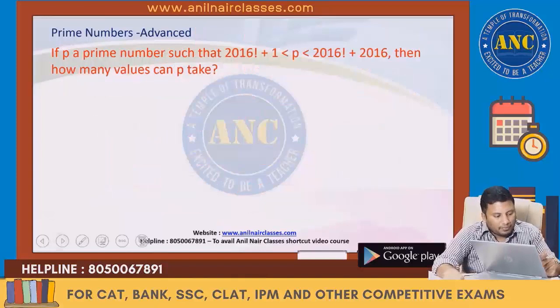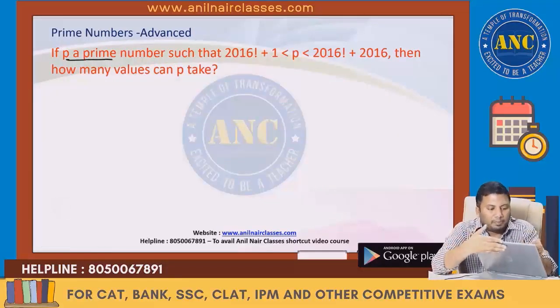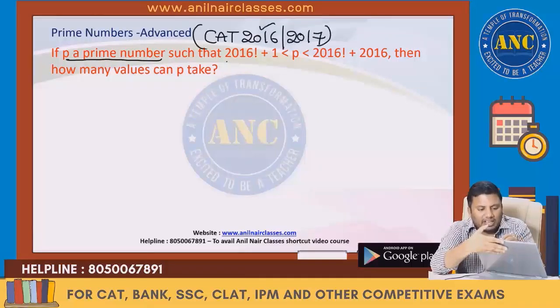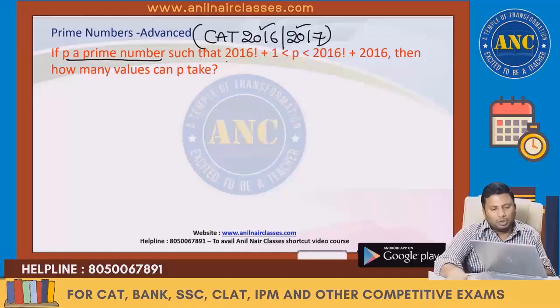Next one. Please see this question. P is a prime number. Same model. This is an original CAT 2016 or 17 question, sir. Most of the students thought that this is difficult.